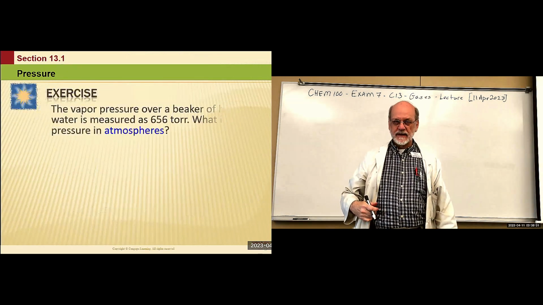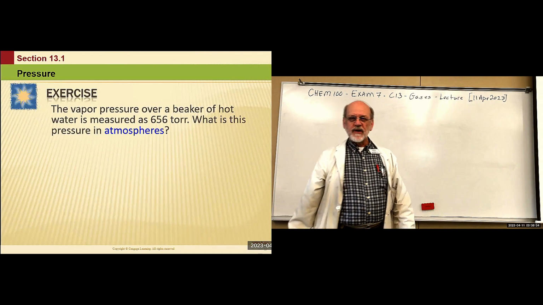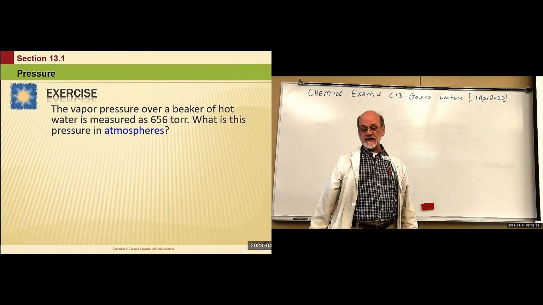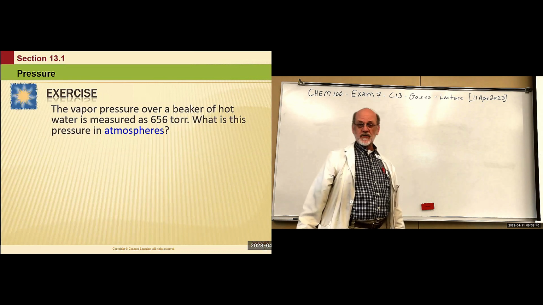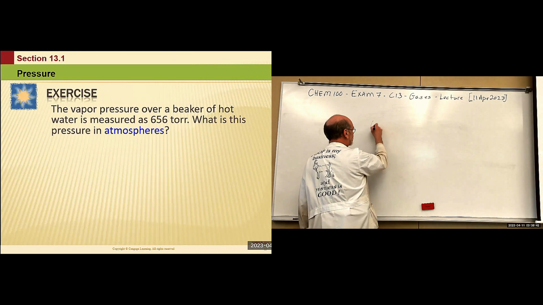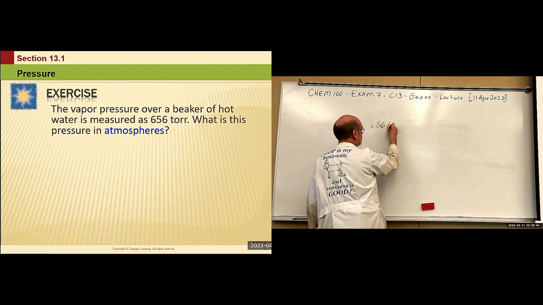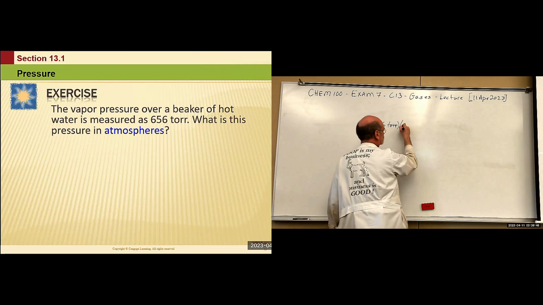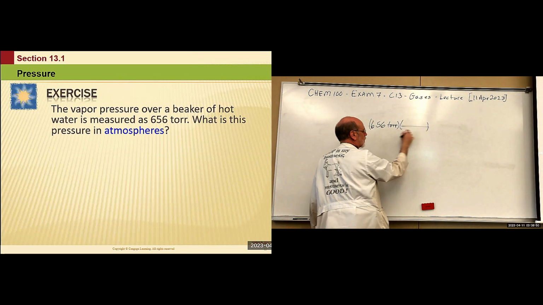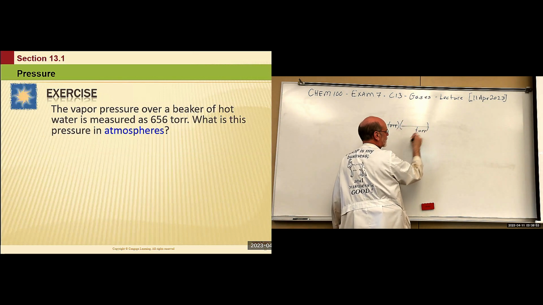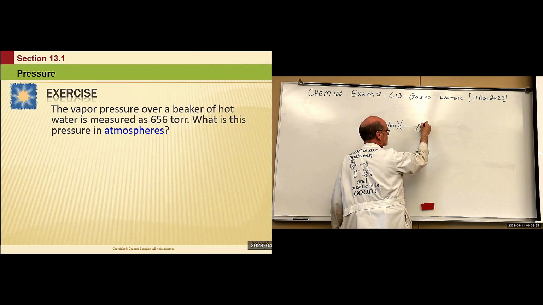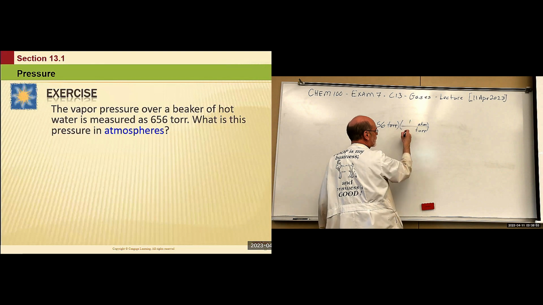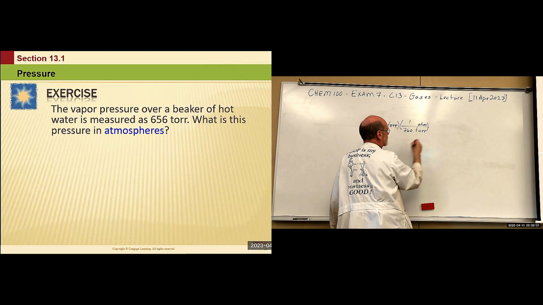All righty. We got another one. The vapor pressure over a beaker of hot water is measured at 656 torr. What is this pressure in atmospheres? 656 torr. We want to know what that is in atmospheres. So torr is in the denominator here, and atmospheres, that's the one we want. Right, so what's the relationship? One of those, 760 of these.